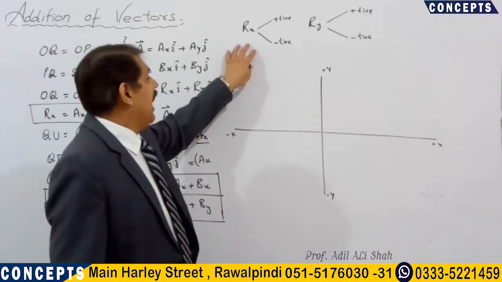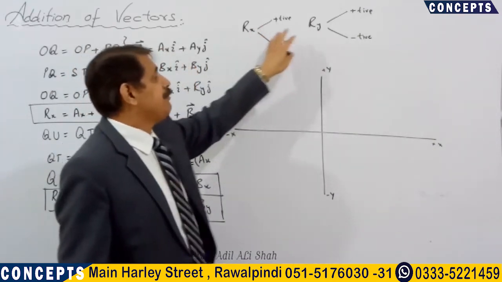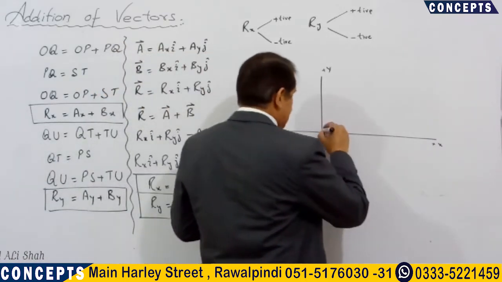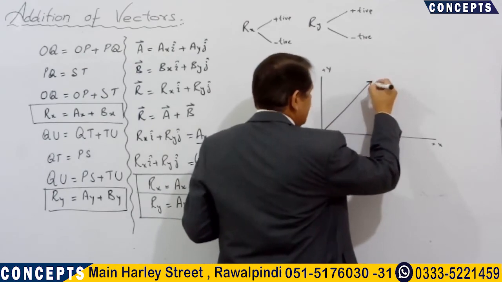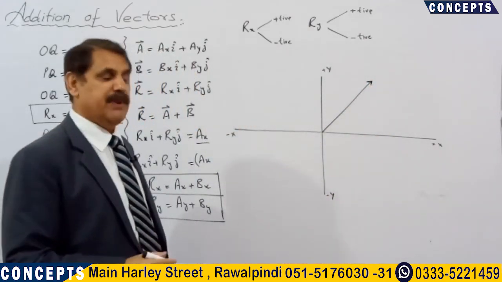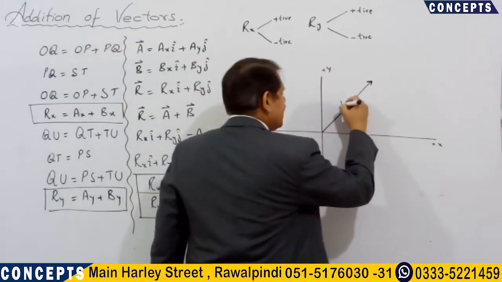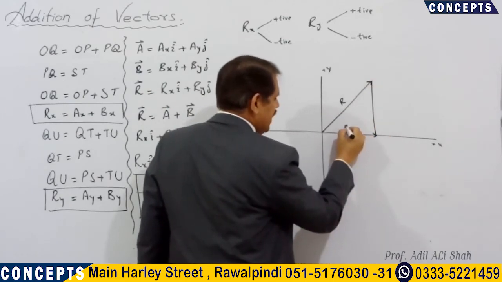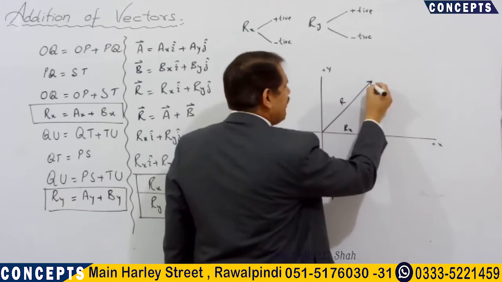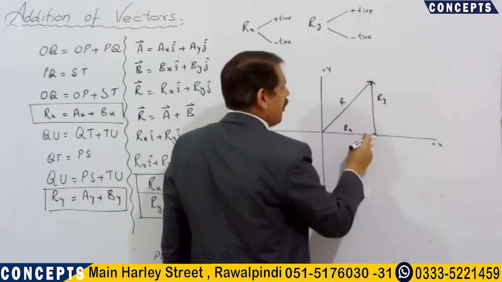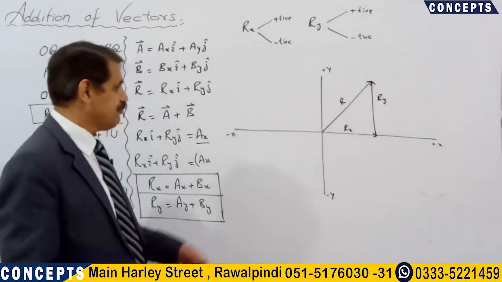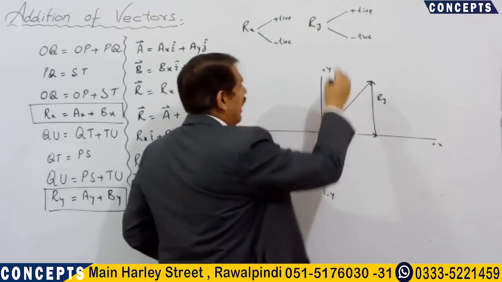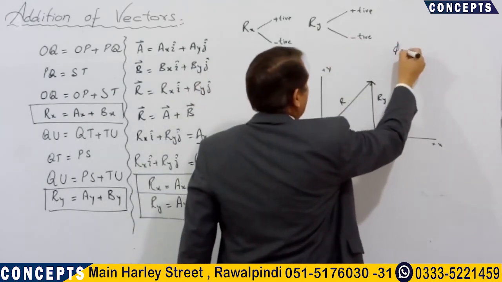Now, if Rx and Ry both are positive, it means that our resultant vector would be somewhere in the first quadrant. You can see that if this is the resultant vector within the first quadrant, then its x component is along the positive x-axis and its y component is along the positive y-axis. It means that the angle theta and angle phi would be the same.